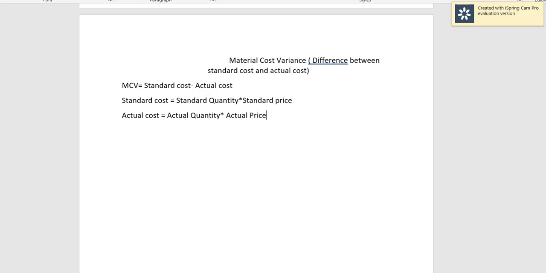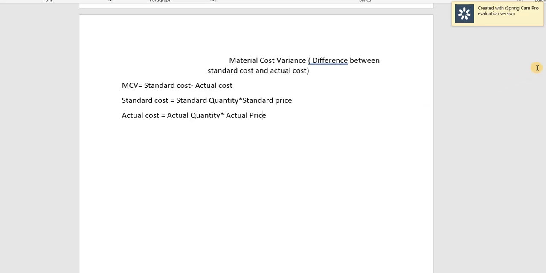So as simple as this, when you're going to find out material cost variance, you have to put the formula as standard cost minus actual cost. Standard cost is equal to standard quantity into standard price. The same way, actual cost is equal to actual quantity into actual price.